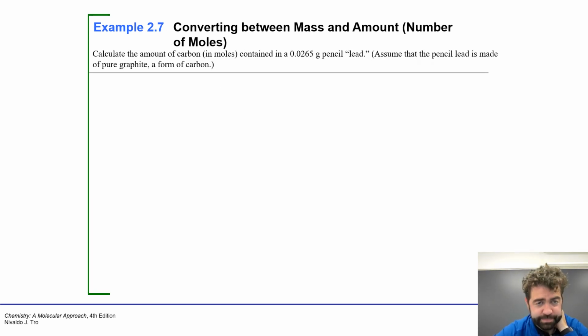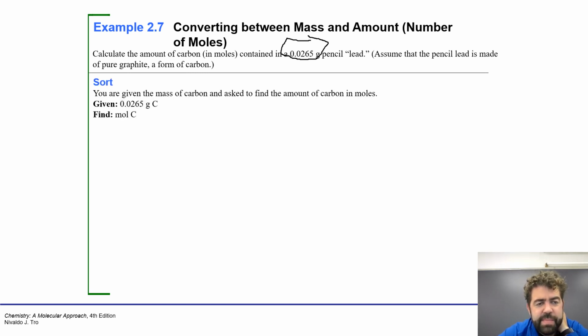Let's look at the next one here. Calculate the amount of carbon in moles contained in your pencil. So we take your pencil and strip out the graphite, put it on our balance, and find that it's a very tiny mass right here. And I want to say, okay, how many moles do I have there? So I start with this mass right here.